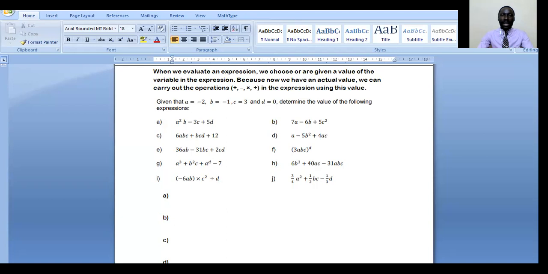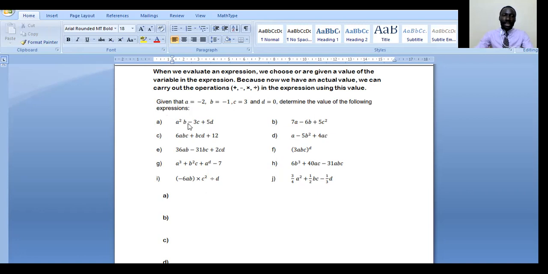Now, because we have an actual value, we can carry out the operations of addition, subtraction, multiplication, and division in the expression using the given value. Like for example, here we have been given that A is -2, B is -1, C is 3, and D is 0. So we are supposed to determine the value of the following expressions.